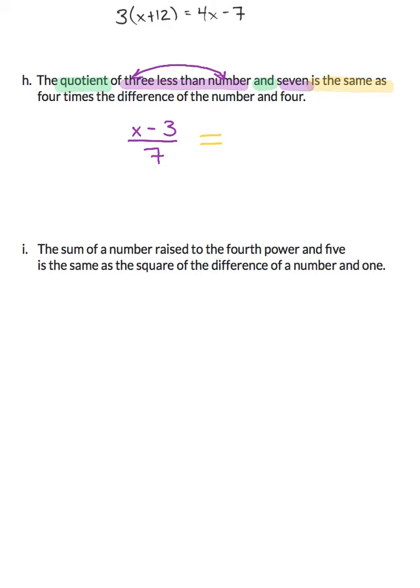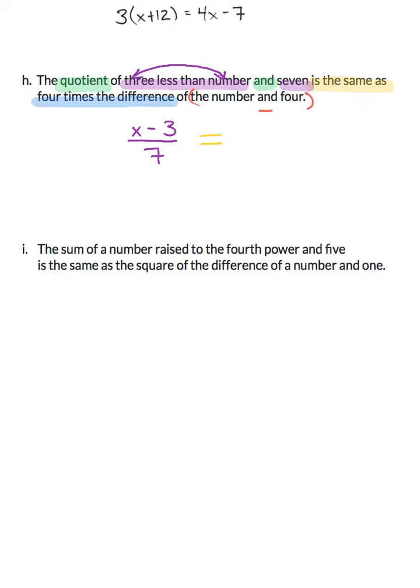We have 4 times the difference of a number and 1. So, again, I have this phrase, 4 times the difference, meaning I want to subtract before I multiply. So I need to put the number and 1, difference means subtract, inside parentheses.